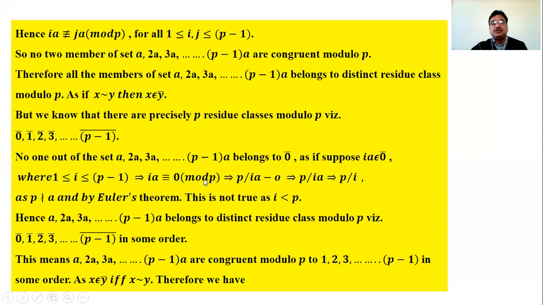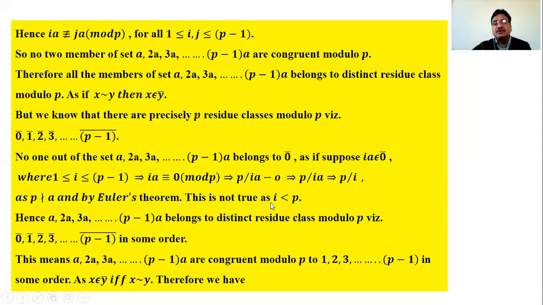By the definition of the congruence relation, A is congruent to B modulo N if and only if N divides A minus B. That is, P divides IA minus 0, that is, P divides IA. Since P does not divide A, P divides I, by Euclid's lemma.